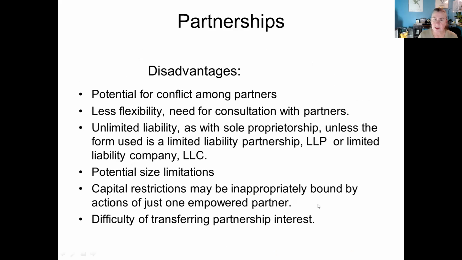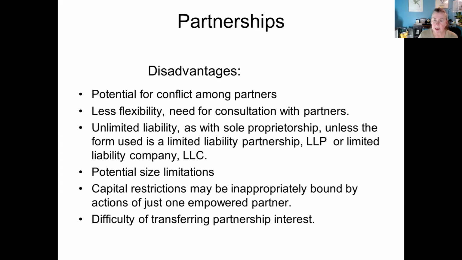Again, as with everything, there's a downside. In any partnership, including marriage, sometimes it doesn't go well and there is conflict and potentially a dissolution. There's less flexibility. So while you have partners to consult with, you also need to consult with your partners before taking action. Unlimited liability unless you set up a limited liability partnership. Potential size limitations.